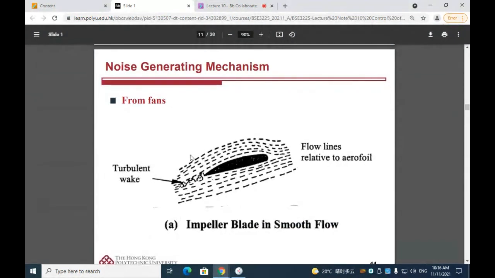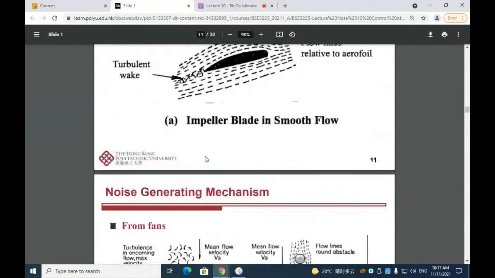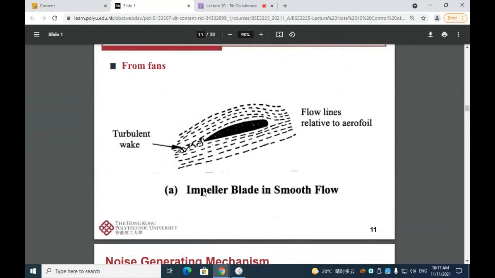Okay, so the noise generation mechanism from the fans is basically that we have a turbulence wake here, which will cause vibration. It can be divided into several conditions. The first figure shows the impeller blade in a smooth flow, so we only have some turbulence wake here.